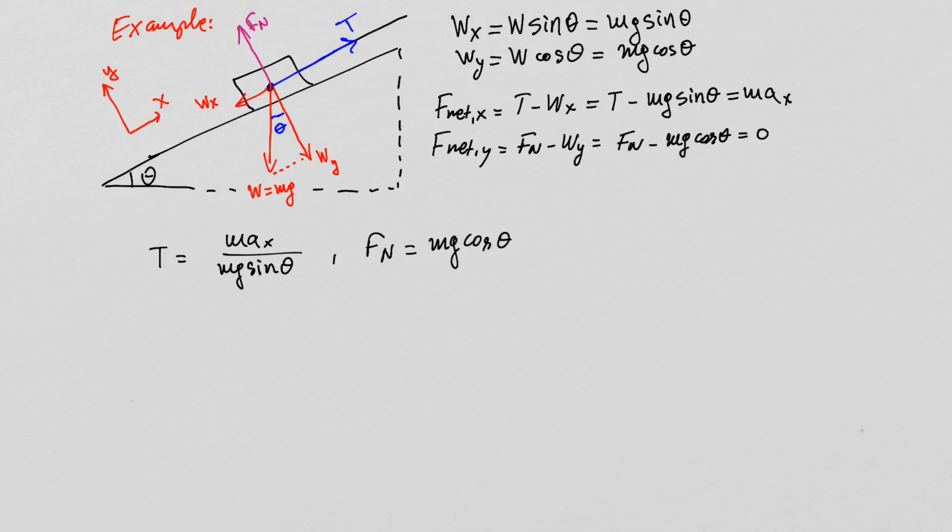So we are going to see several problems during the work we do on this chapter that will be involving inclines, and you will see how these equations will develop there to solve those problems.